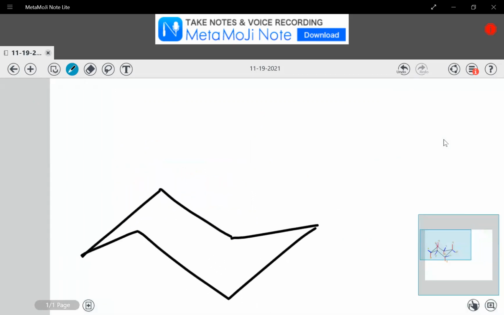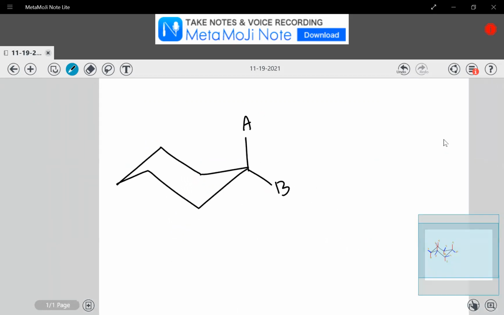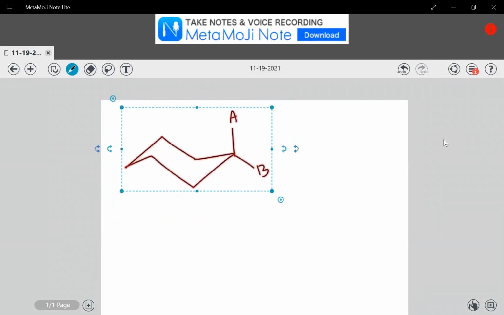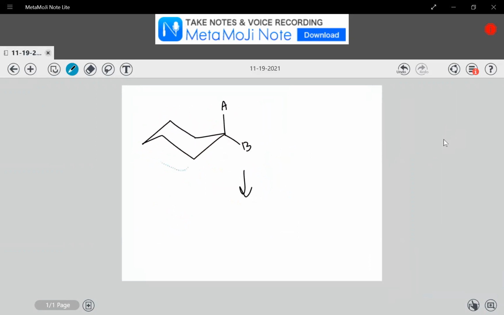We have substituent A and B, and then we're going to flip it. So when we flip our ring, what happens is we take this right here, right? We take this right here, and we quite literally flip it. Oh, I flipped it wrong.